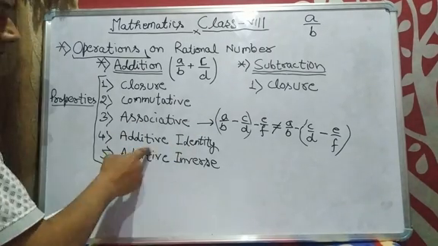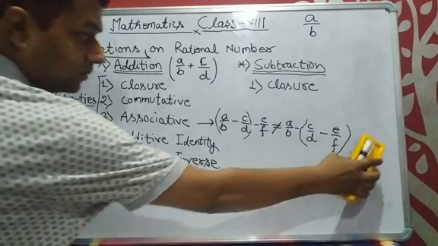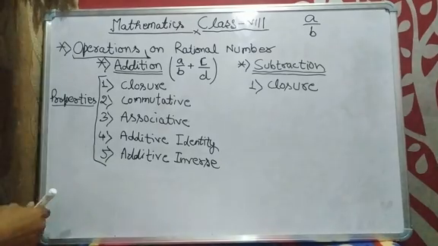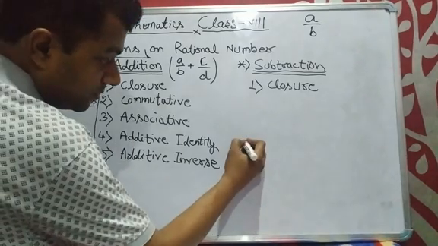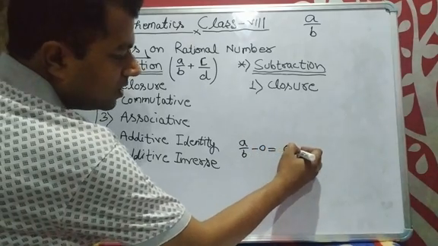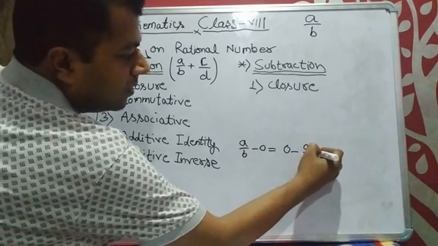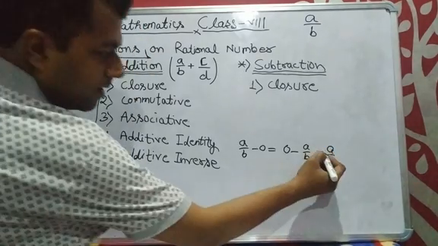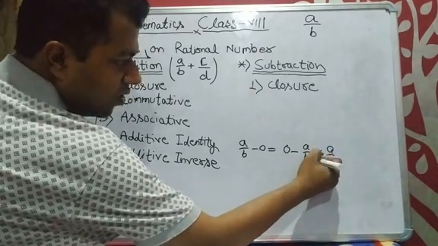Additive identity. Let's see for subtraction: A upon B minus 0 equals 0 minus A upon B equals A upon B. Is it possible? It is not possible.